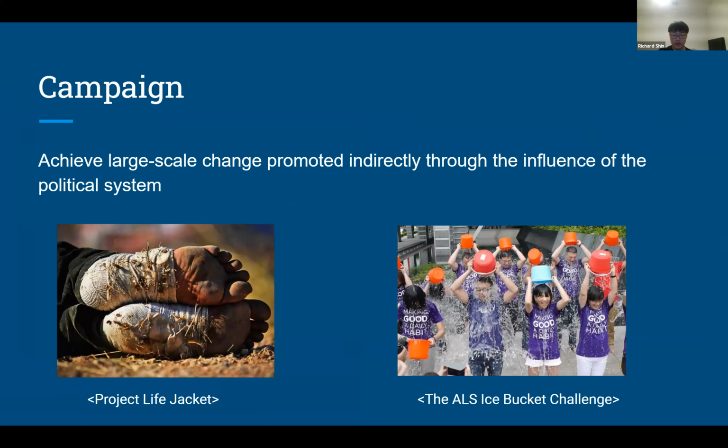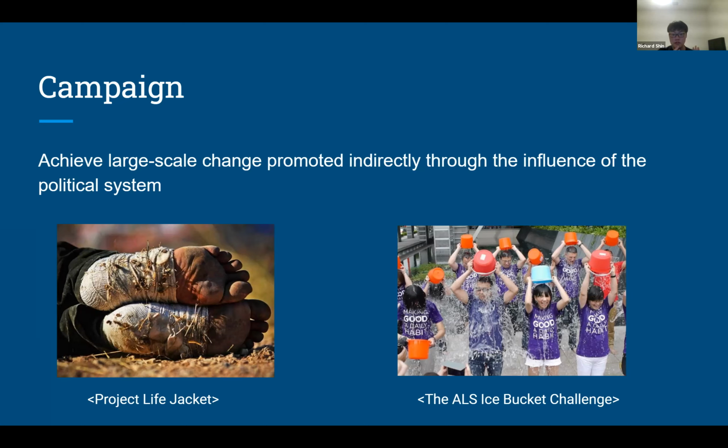So for Project Life Jacket and the Ice Bucket Challenge, they are both well known because they were very famous on social network services 5 or 6 years ago.